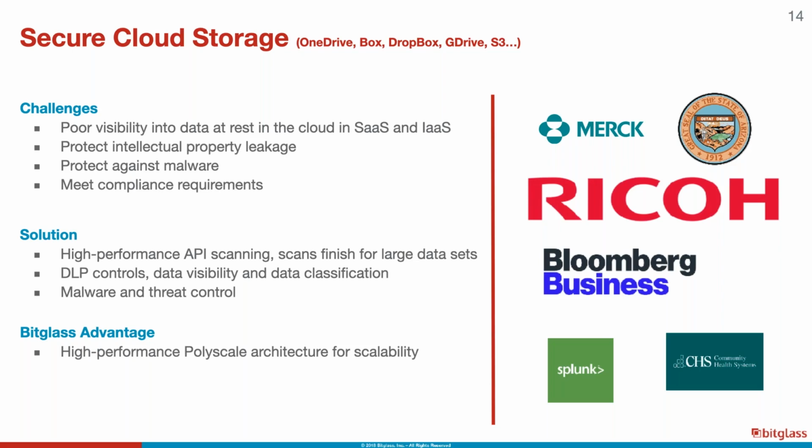How are you going to protect your intellectual property? How are you going to protect against malware? I talked about shared responsibility. They provide the service. We still need to provide the security levels, and you are in control of your own data. So BitGlass provides this with a real-time malware scanner in their offerings for the forward proxy and the reverse proxy.